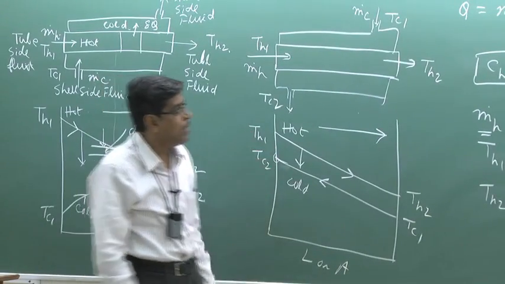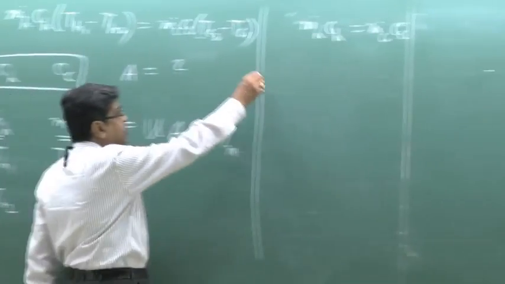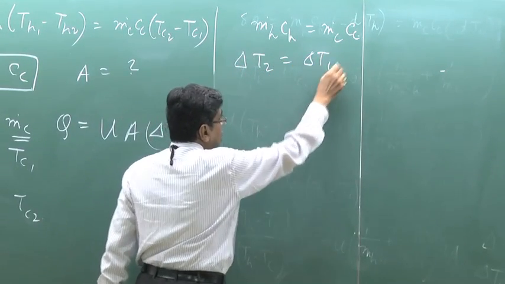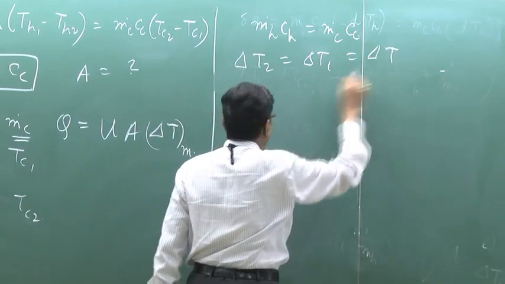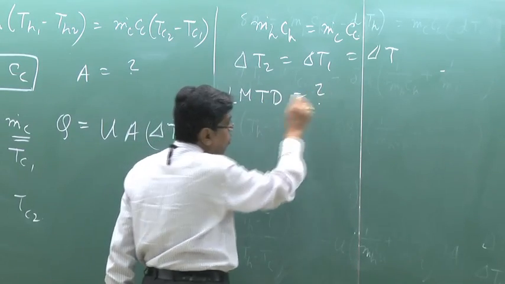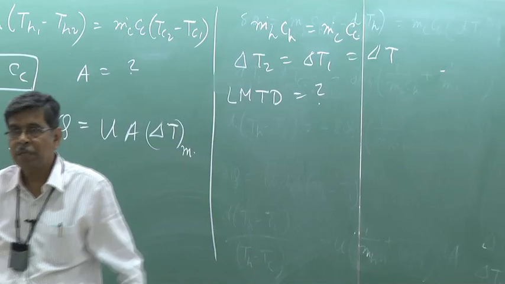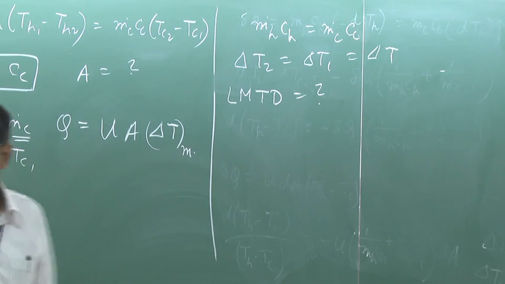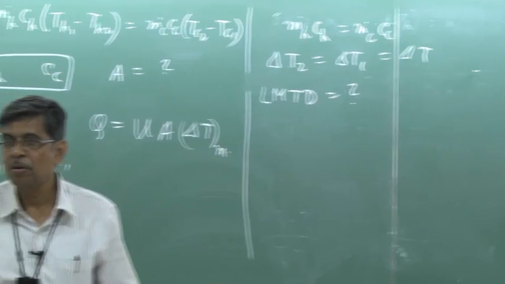The two curves will be parallel to each other, and ultimately delta T2 is equal to delta T1 is equal to delta T. So what is LMTD? What is LMTD? Anybody? Who told delta T? How?